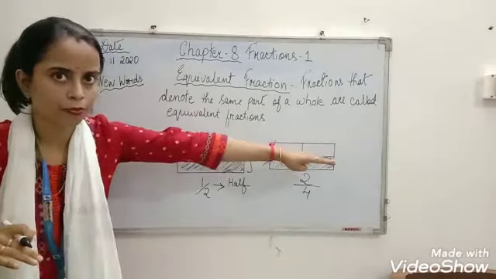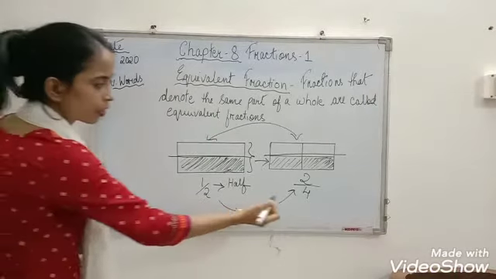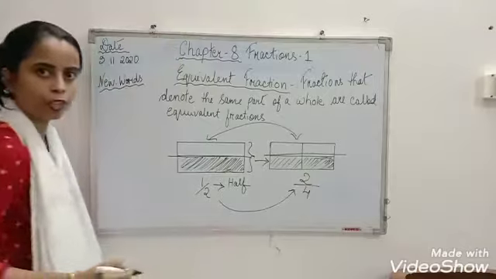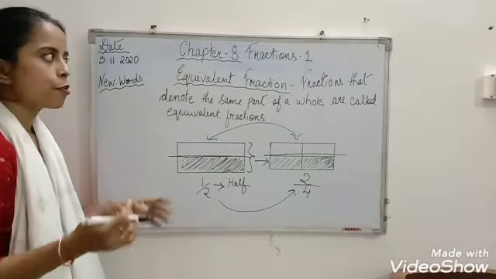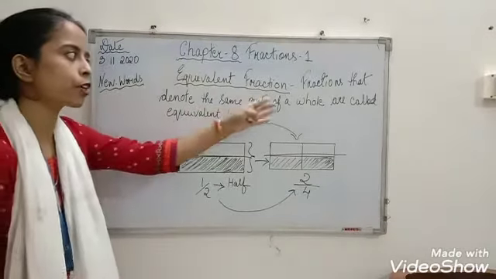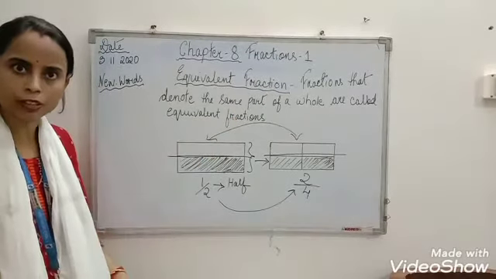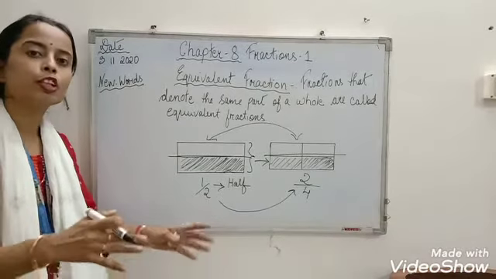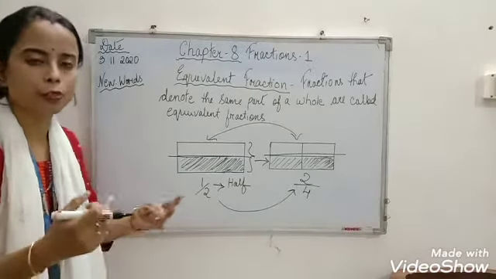That means we can say 1 by 2 is equal to 2 by 4. This is also half, this part is also half. This shows the same value. But here the denominator is 2 and here the denominator is 4. Numerator is 1, numerator is 2. As I have already told you, fractions that denote the same part of a whole are called equivalent fractions. They represent the same value but the numerators and denominators are different.